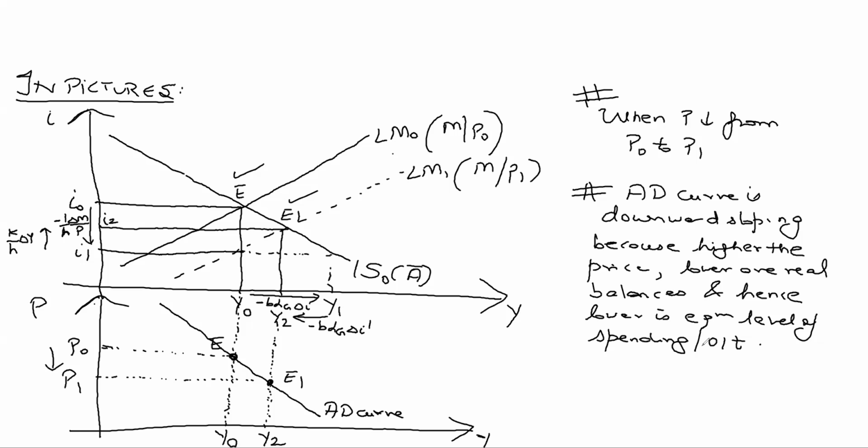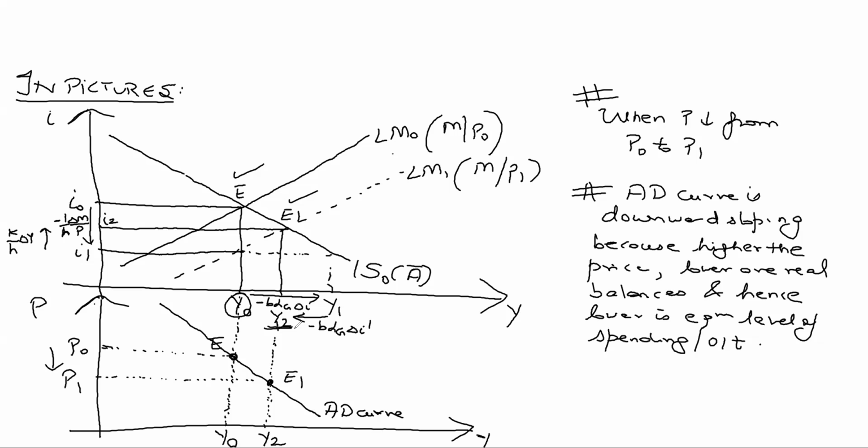Y here denotes income demanded or spending, and these points Y0 and Y2 are equilibrium levels of income demanded. So please do not think of Y as supply. It's level of spending or income demanded in the economy.